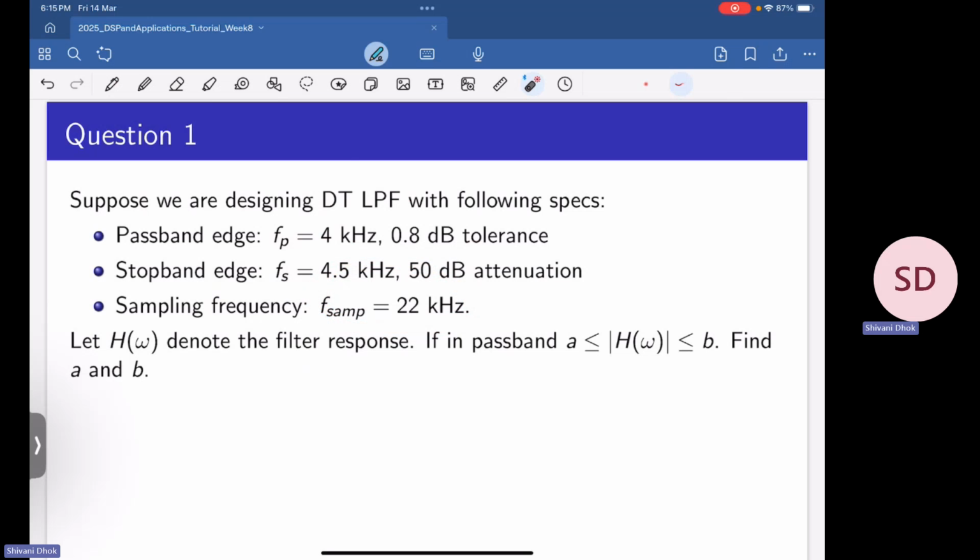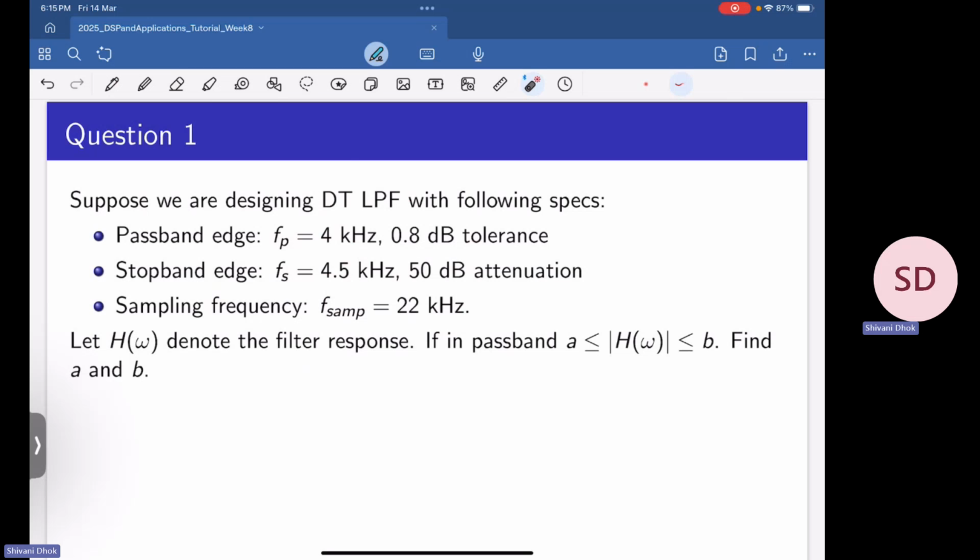Now, let H of omega denote the filter response. If in the pass band A is less than or equal to magnitude of H of omega squared, less than or equal to B, find A and B.